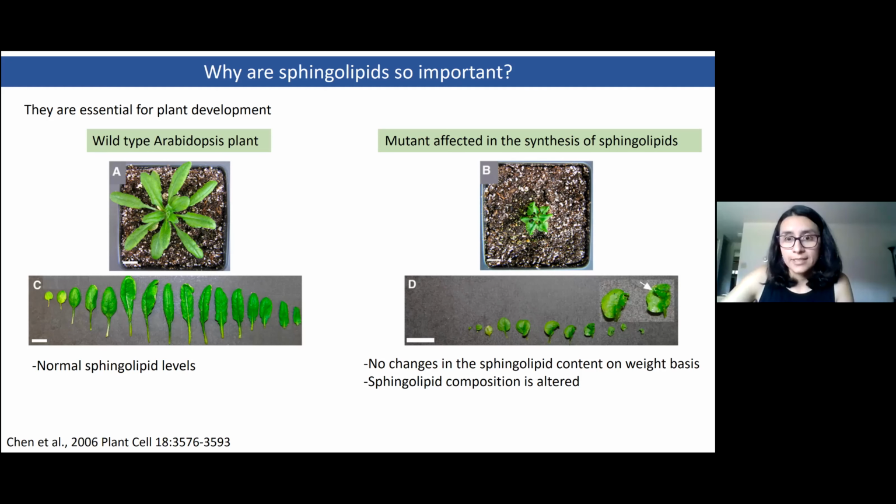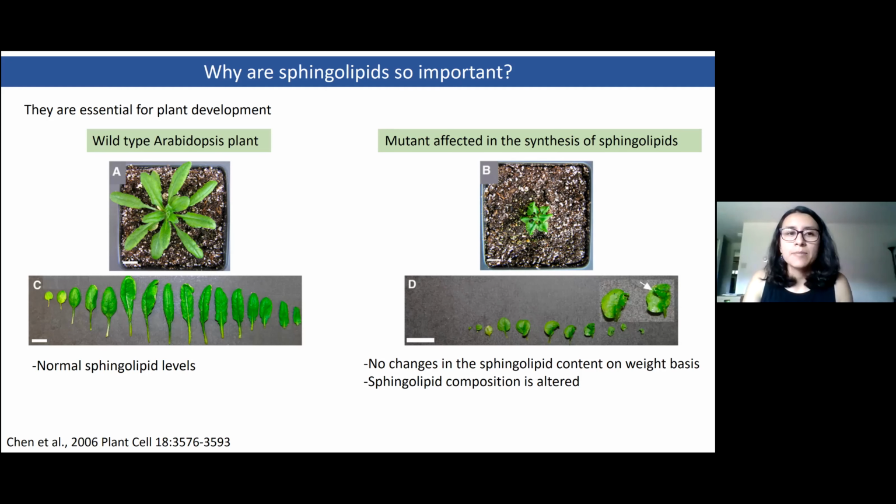If you extract and analyze the sphingolipids from wild type and compare them to the ones from this mutant, surprisingly, the overall content on a weight basis is the same, which means the plant tries to compensate for not having a lot of lipids by just being smaller. However, the composition is altered.